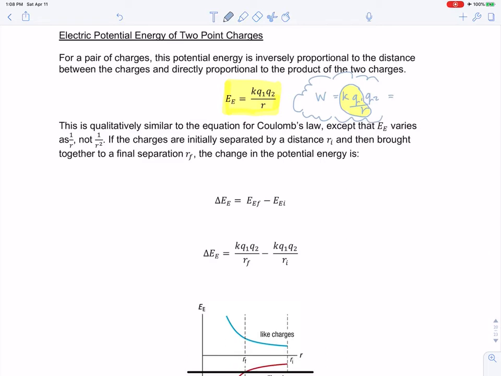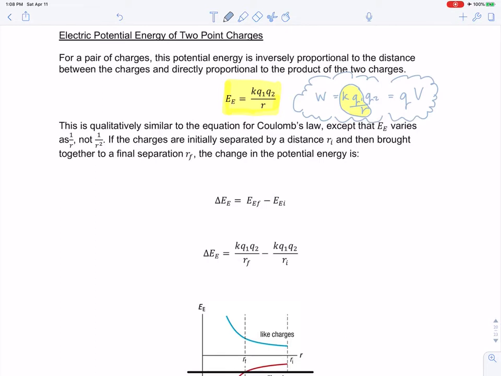So we can say that work is equal to Q times electric potential. Now again, this is just to help deepen our understanding of how these concepts are related, and we'll use them as we answer some of these questions.